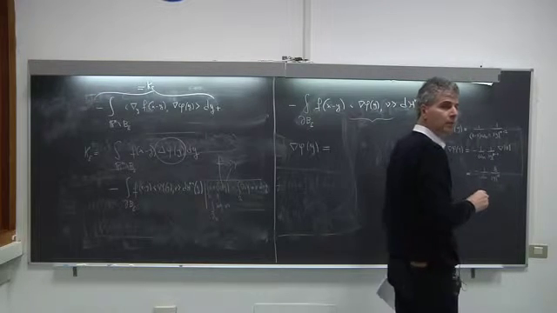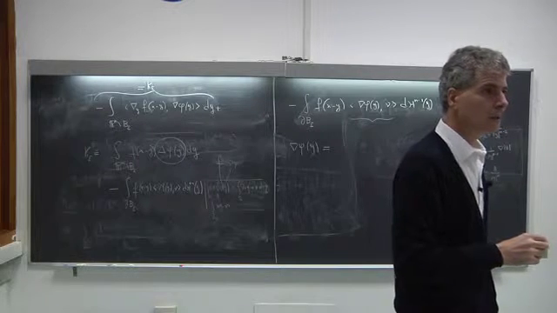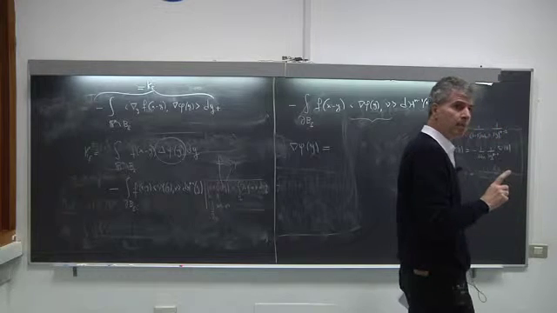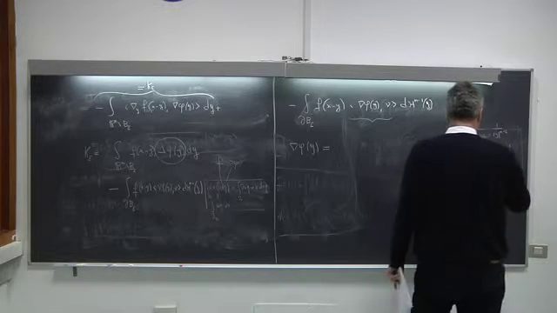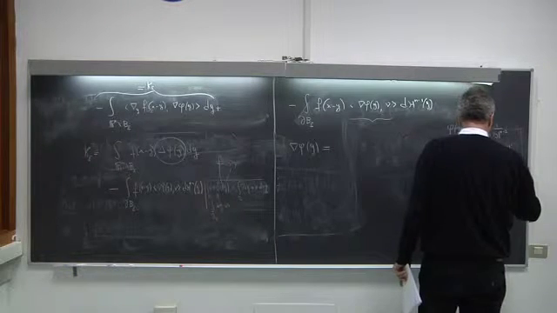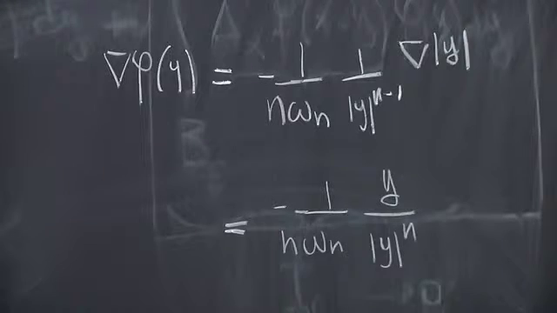So check the constants, please, the normalization constants. There is also an n times n minus 2. Okay, maybe yes. So apparently there is another n here. Okay, so it's just a matter of constants here. This is in dimension larger than or equal to 3.